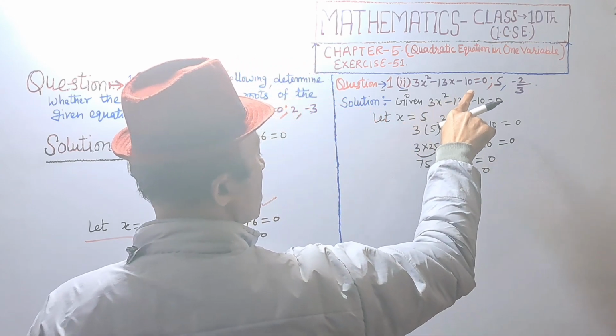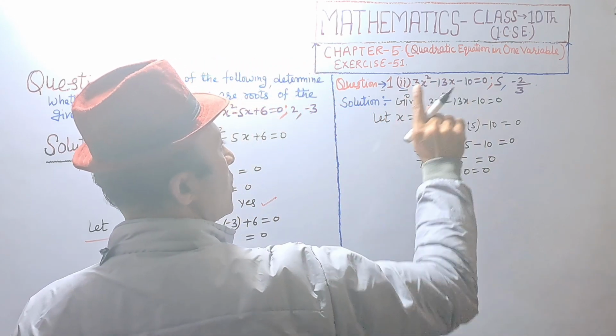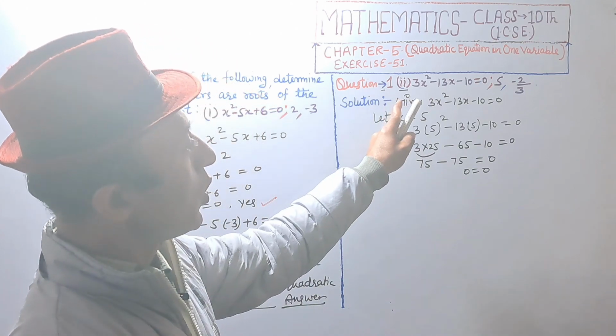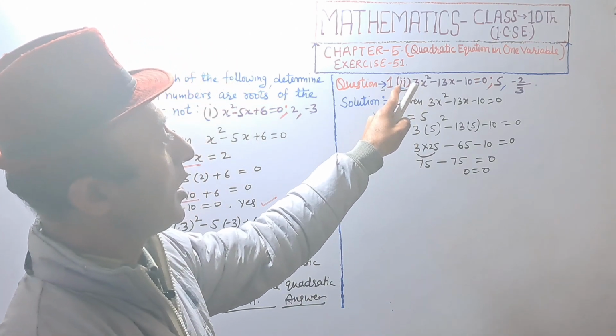Yes, x is equal to 5 is a root of the given quadratic equation.